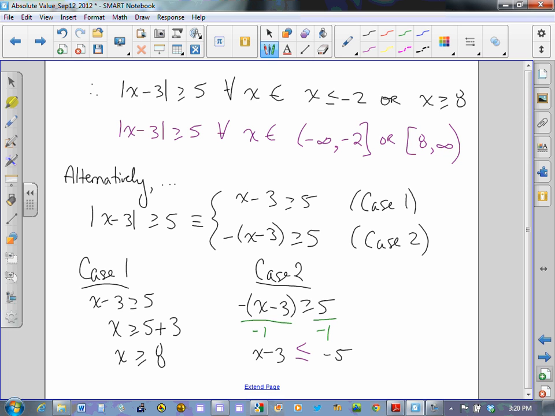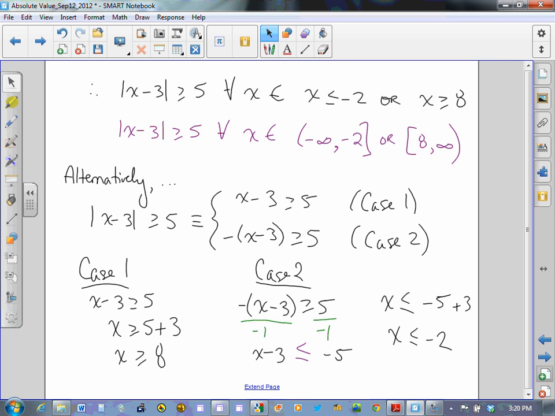Recall that multiplying or dividing by a negative changes the direction of the inequality symbol. So if we carry through by adding 3 to both sides, we come up with the same solution that we had before.